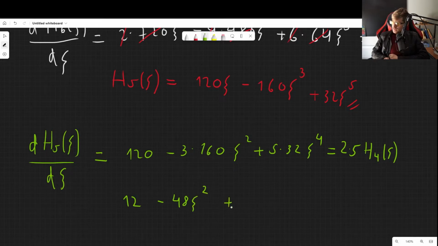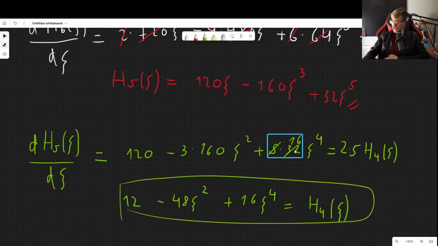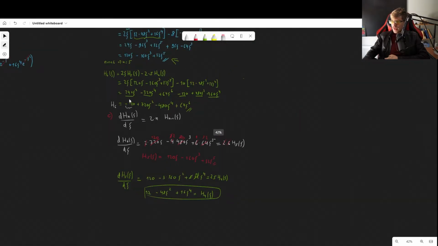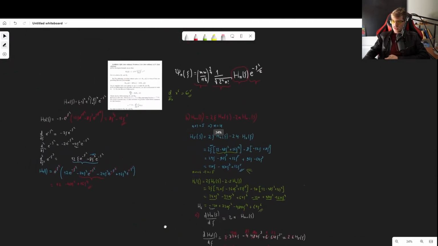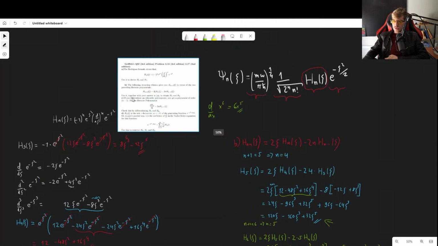And then plus, and here dividing by 10, this goes away, and this is now 16, so we get 16 psi to the 4th power. All right, so let's check. Where is h4? h4 is this thing, 12 minus 48 psi squared plus 16 psi to the 4th power. So it is indeed correct.